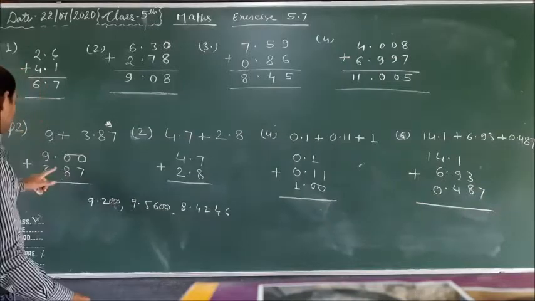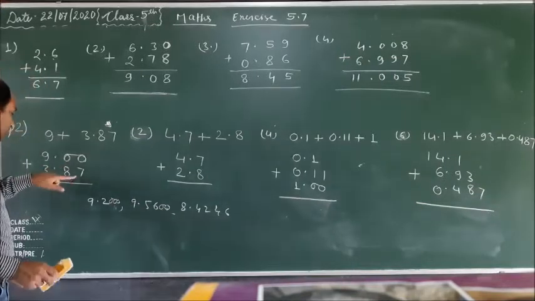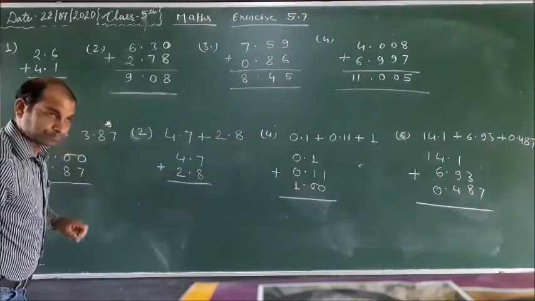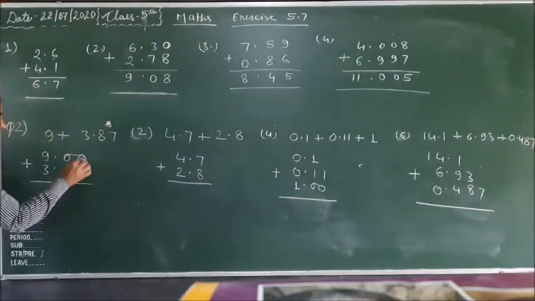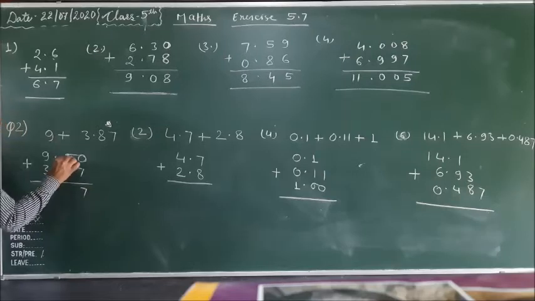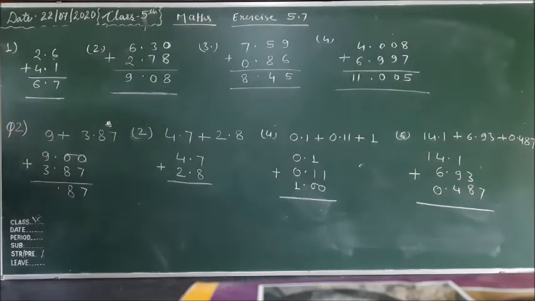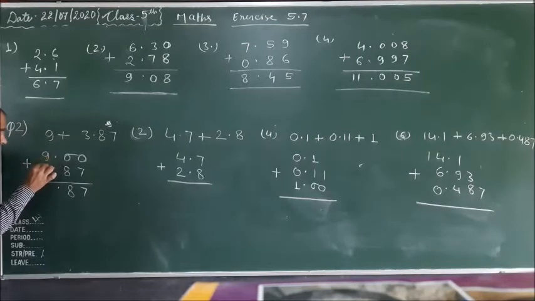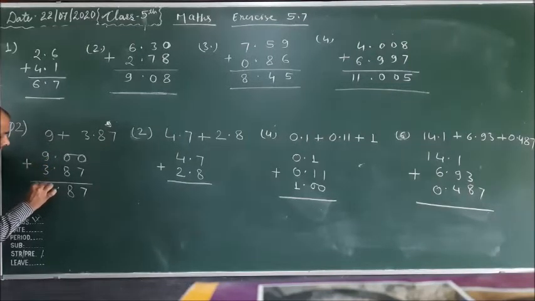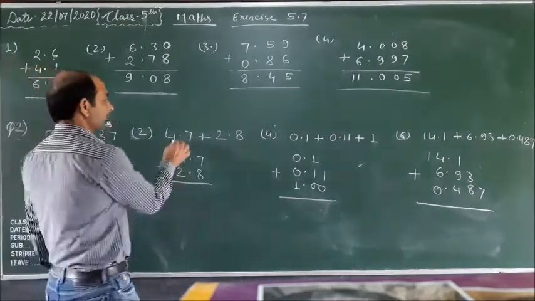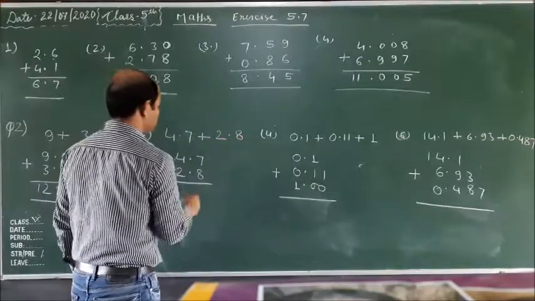So dear children, we increase here 2 digits, so we increase here 0. Now add 7 plus 0 equals 7. 8 plus 0 equals 8. Decimal. 9 plus 3 equals 12. The answer is 12.87.